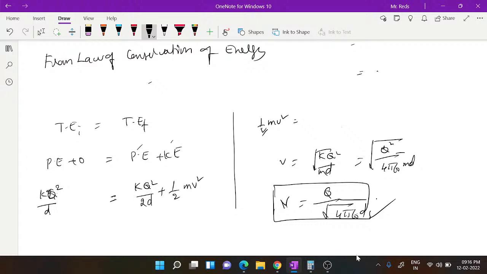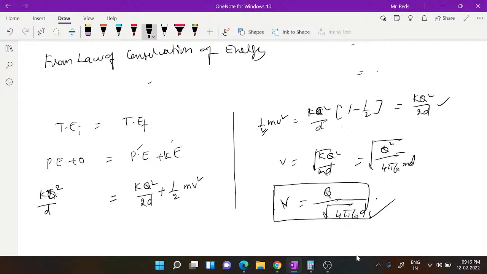So half m v square is equal to k q square by d into 1 minus half. So it is equal to half k q square by 2d only. This 2 gets cancelled, because half m v square is equal to this.